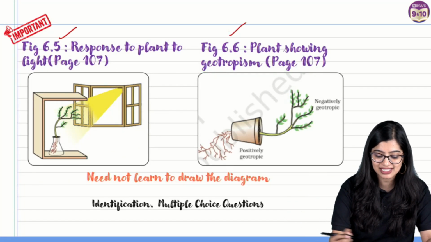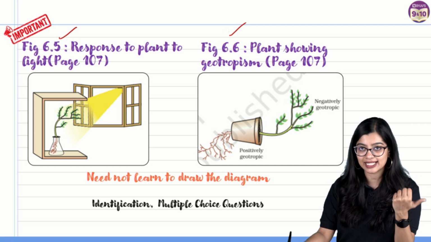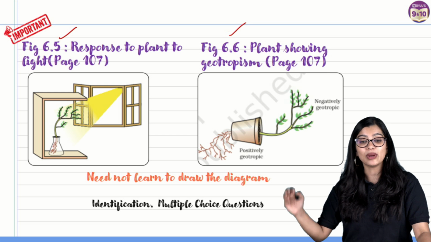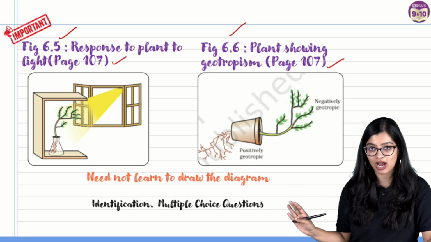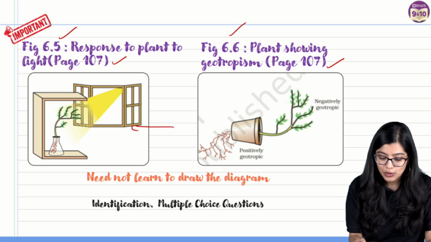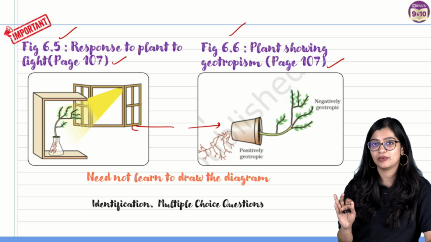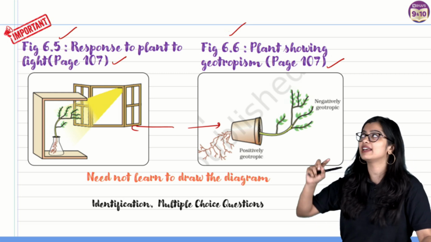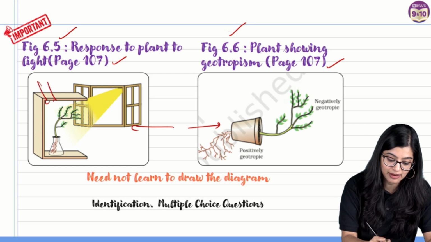That is 6.5 and 6.6, which is response to light and response to gravity, or that is geotropism. Now, in both cases, it is there in page 107. You don't need to learn how to draw. But over the years, we have seen that questions have come where they've asked, why is the phenomenon happening in the case of this diagram 6.5?